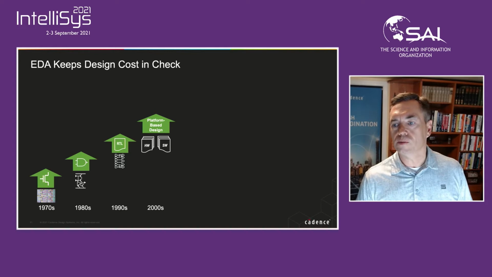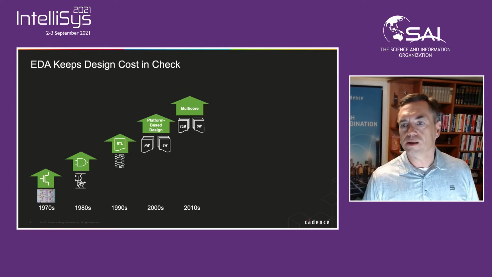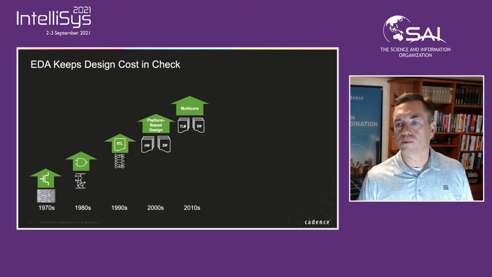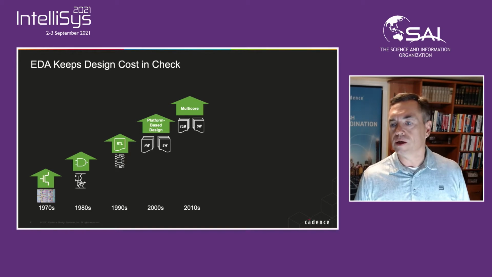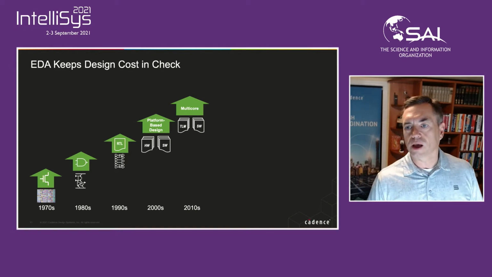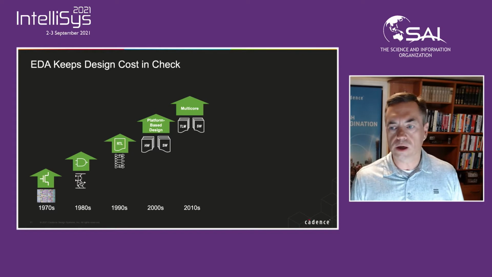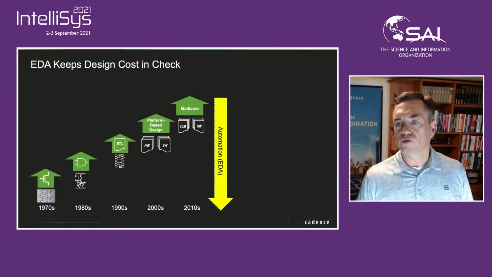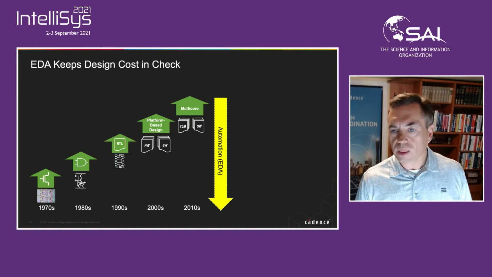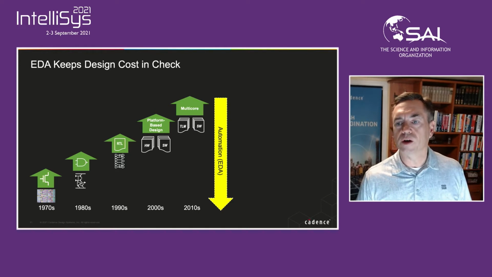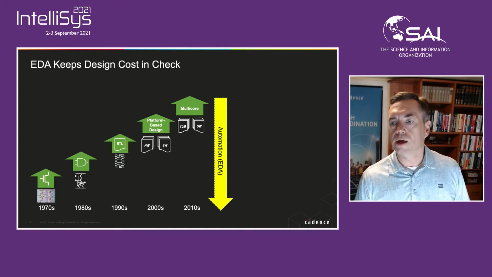In the 2000s, this became platform-based design, where you had predefined platforms. In the 2010s, over the last decade, multi-core has become a big issue, dealing with software and hardware partitioning across multiple cores. And in automation, EDA, we have been for the last six to seven decades very much involved in automating this flow.